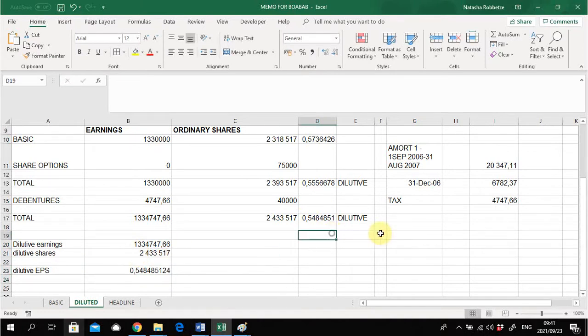If there were to be an anti-dilutive, I would just ignore it and just take the last dilutive subtotal line item. And I'm just rounding it to 2 decimal places.